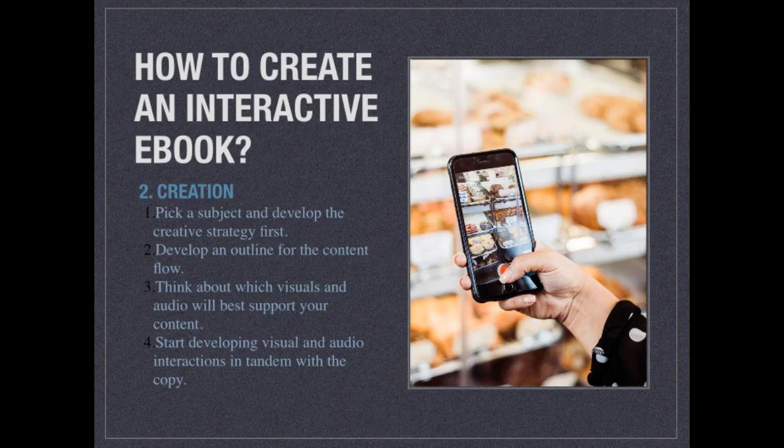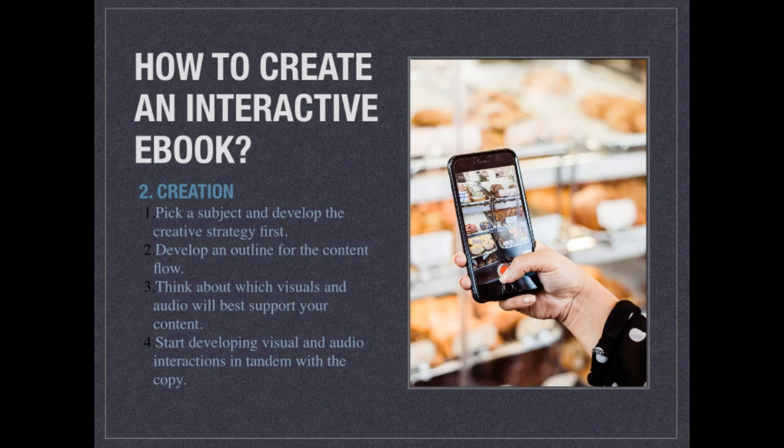Think about which visual and audio will best support your content. What kind of support, content or visual is related to your interactive ebook? Let's say you are going to do an interactive ebook for preschoolers.